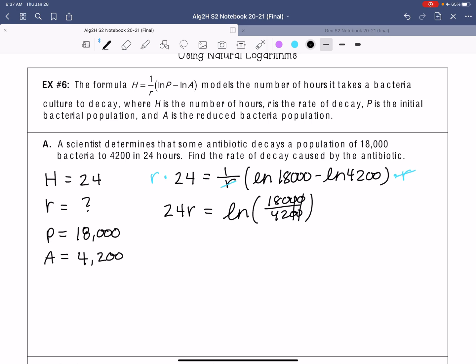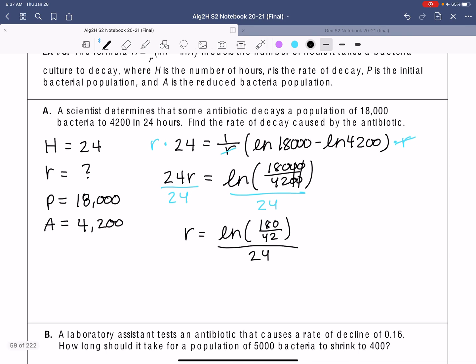Okay, to get rid of the 24 in front of the r, we're going to divide each side by 24. So we are going to plug in r equals natural log of 180 over 42. Yes, I am aware we can simplify this more, but we're going to use a calculator, so there's no point. Divided by 24.